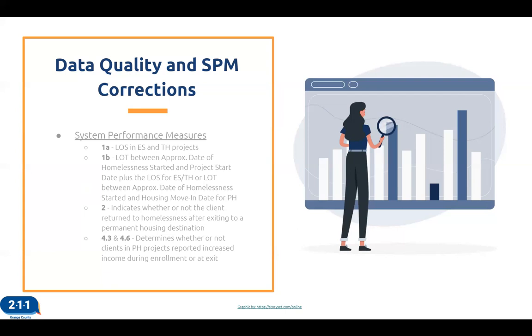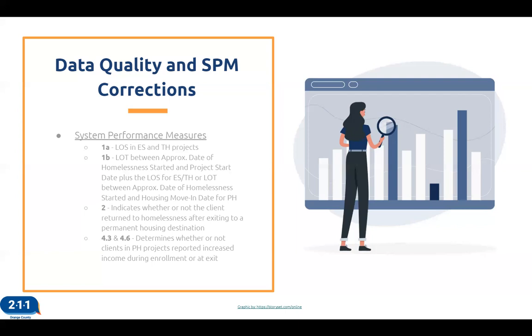And then also it will measure the length of time between the approximate date started and the project start date, plus the length of stay of emergency shelters and transitional housing, or the length of time between the project start date and the housing move-in date for permanent housing projects.